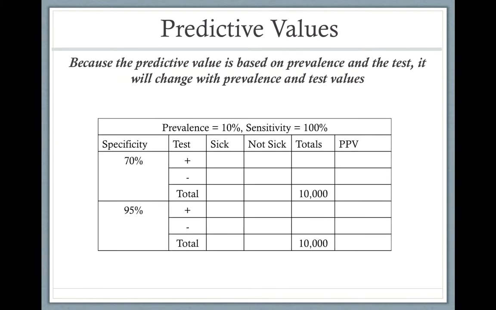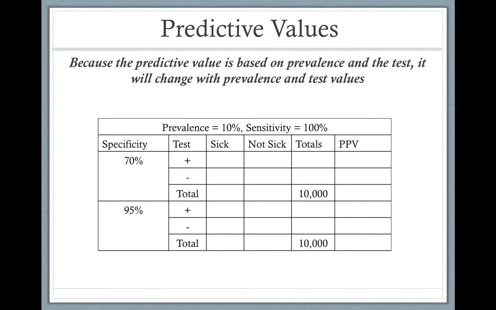The predictive value is based on prevalence, and it changes with the prevalence and the test values again. So if you look at these two examples, we have the prevalence of 10%, and that won't change, and then we have the sensitivity of 100%, and the specificity goes from 70 to 95%.